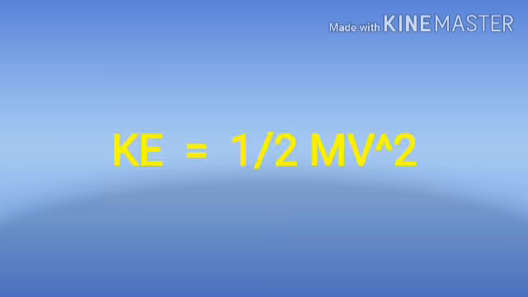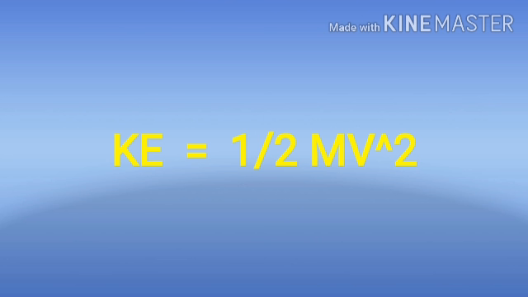And kinetic energy. What is meant by kinetic energy? Energy possessed by virtue of motion. So energy is obtained because of the motion of the object. When an object is moving, it will get kinetic energy.